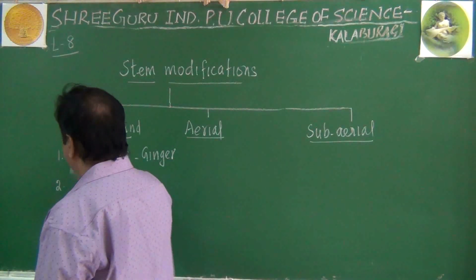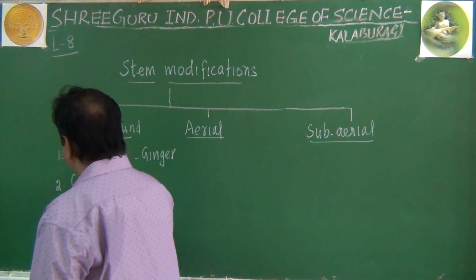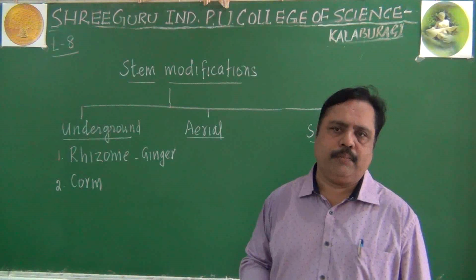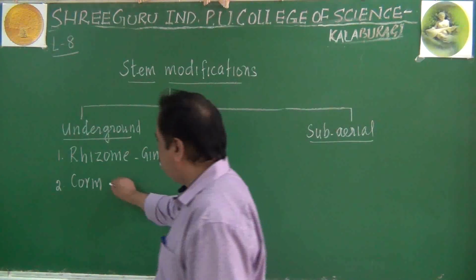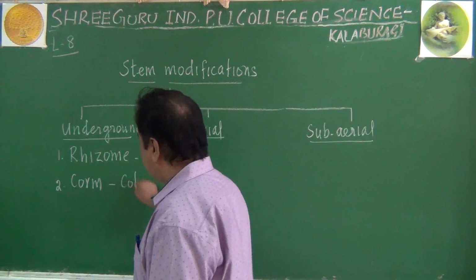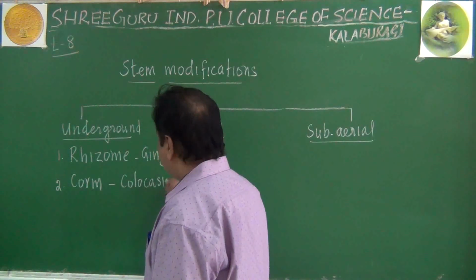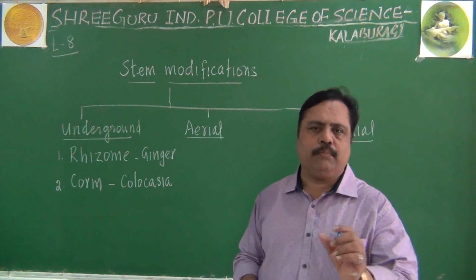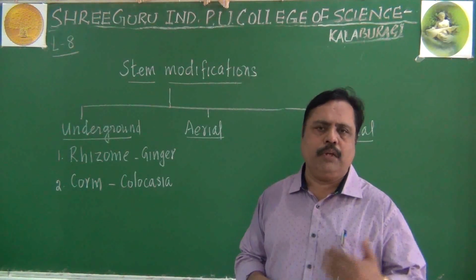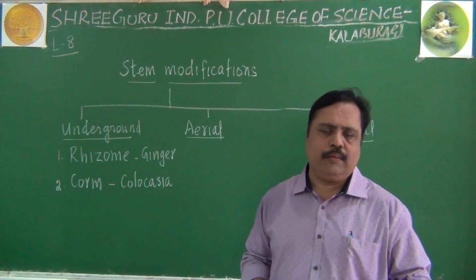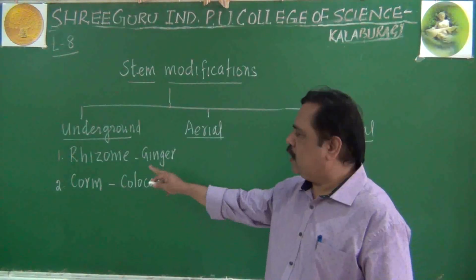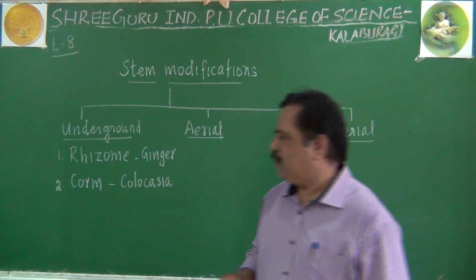Second type of underground modification is the corm. For corm, we have seen an example called colocasia, or otherwise elephant yam. In Kannada, we call it swarnagadde. That is corm or colocasia, remember.